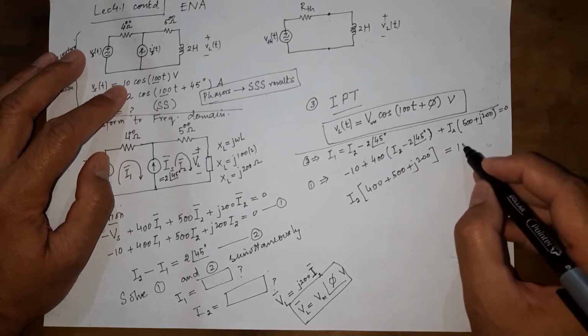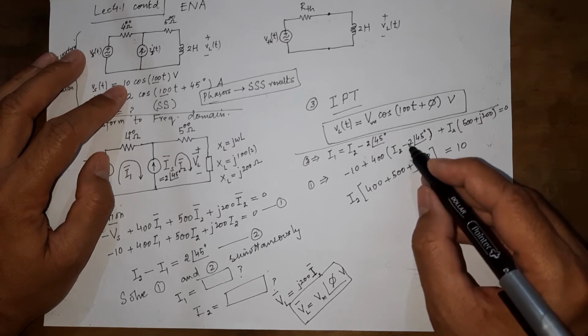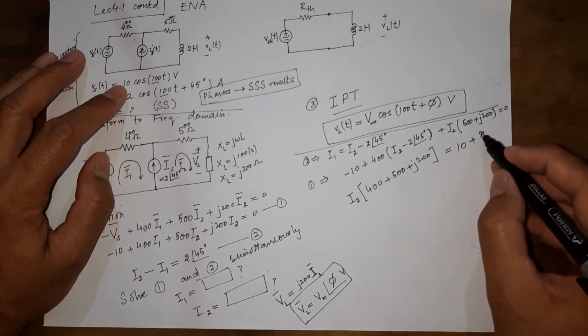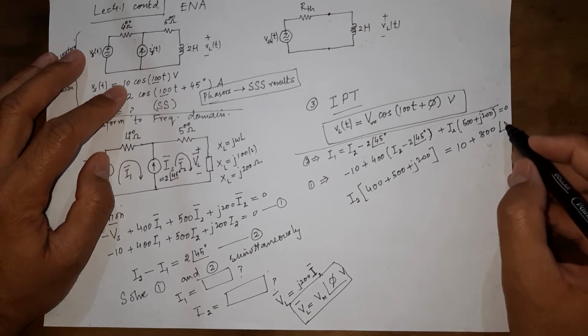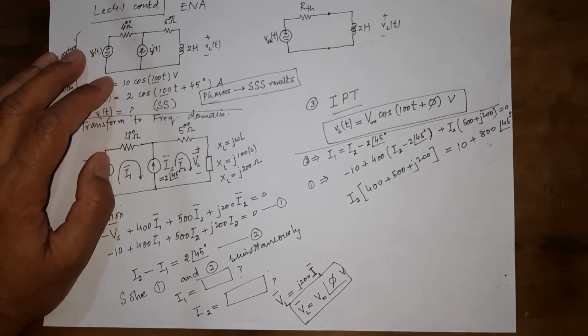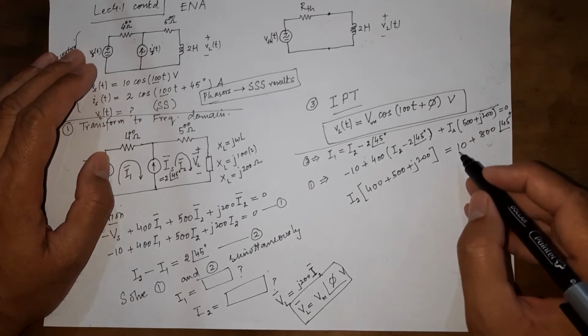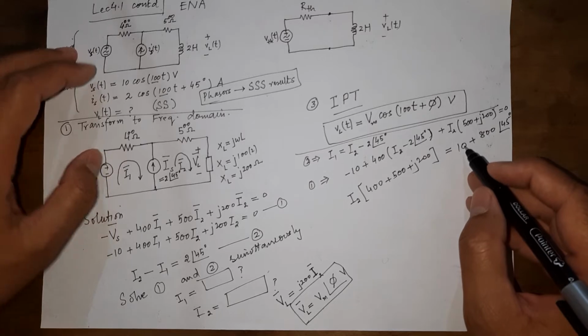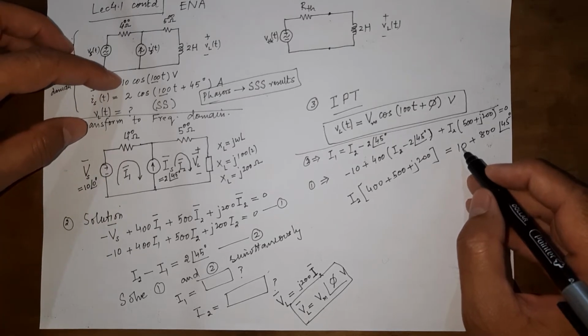So minus 10 becomes plus 10, and this minus 2 plus 400 is going to become plus 800 angle 45 degrees. Now this 10 looks quite odd, or a very small quantity as compared to this one. So let us make this a bit big as well.